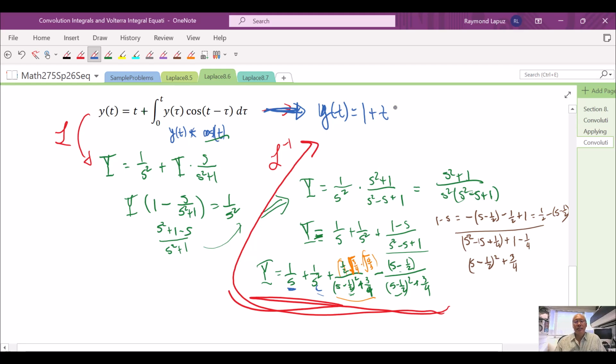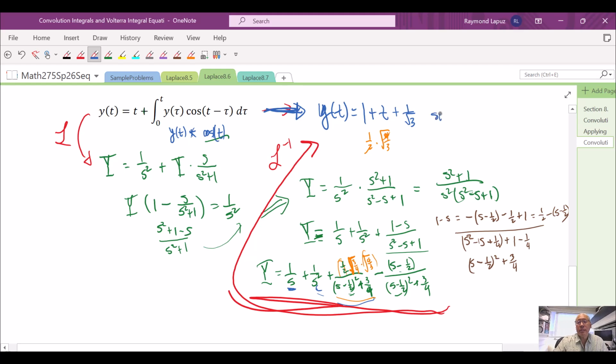Now here's the other tricky part. I have a 1/2. So I'll do this down here because it turns out that 1/2 times the square root of 4 over 3 will cancel the square root of 4 into 2, and that just leaves us with a constant 1 over the square root of 3. And then this transforms back as a sine function.